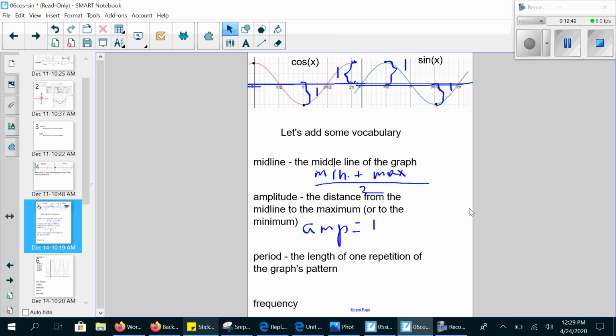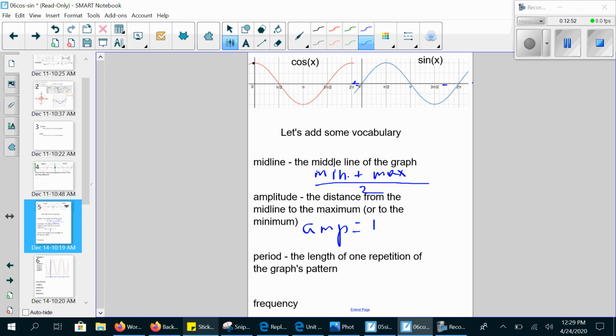So if I look at one repeating pattern of this cosine graph, I'm going to go ahead and always start finding period if I can by starting at the y-axis because it'll make it a little bit easier to find. So to find the repeating piece of this pattern, I'm starting at the maximum. I'm going to trace this graph until I get back to the maximum. And I get back to the maximum there.